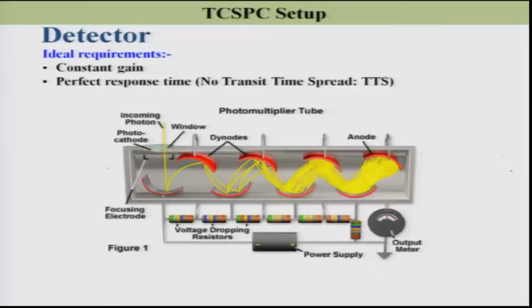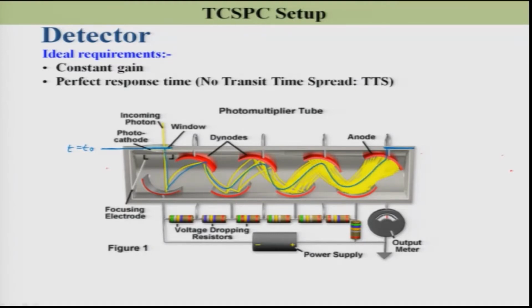To do that, let me consider that when the photon interacts with the photocathode, the time is t equal to t0. The whole process starting from here, all this electron multiplication, is obviously not instantaneous.